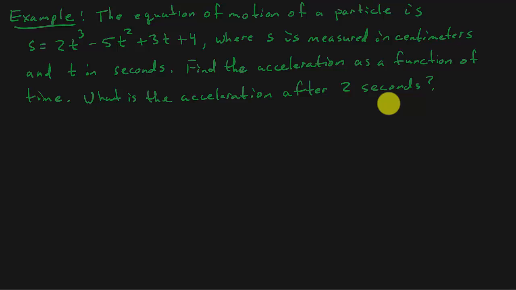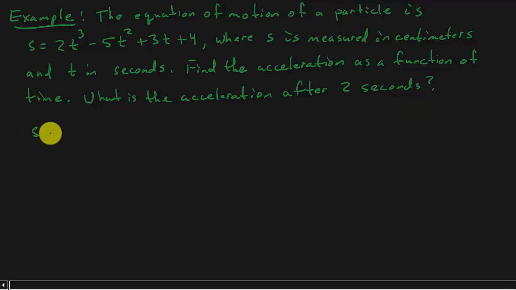What is the acceleration after 2 seconds? So we've got s equal to 2t cubed minus 5t squared plus 3t plus 4. There's my position function.